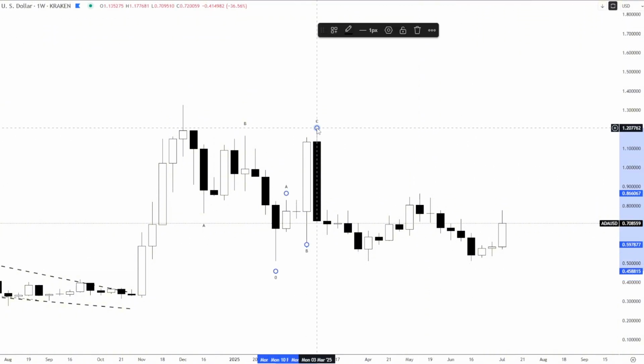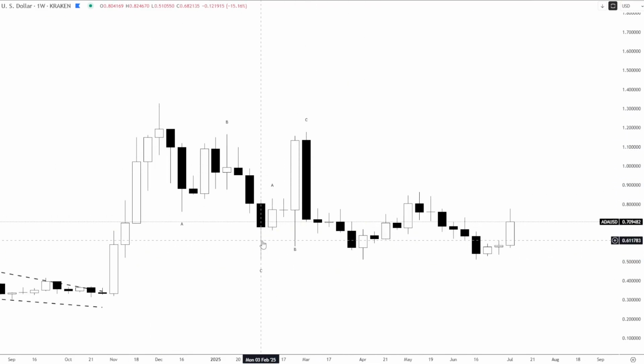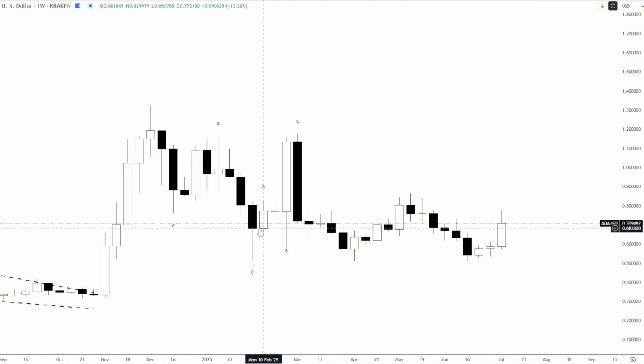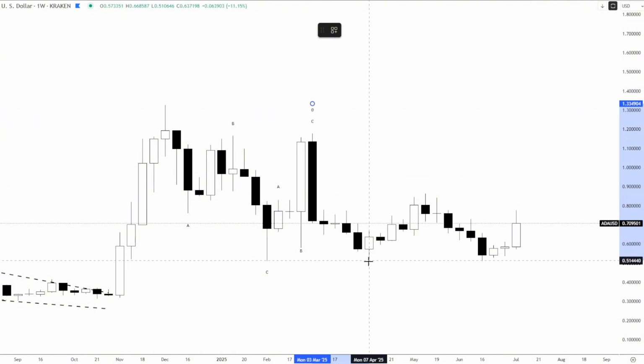It could be an ABC zigzag, could also be an ABC flat, depending on the time frame you're looking at and if you prefer looking at candle closes or wicks. But in the end, it doesn't matter, because this is just the connecting part. This is the part that connects this corrective structure, this ABC, with another corrective structure, which appears to be another ABC.